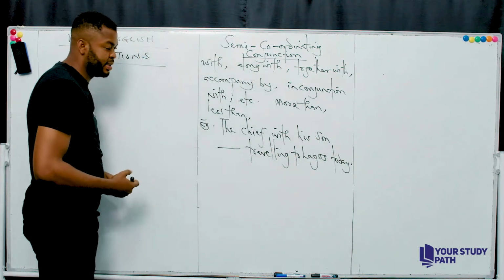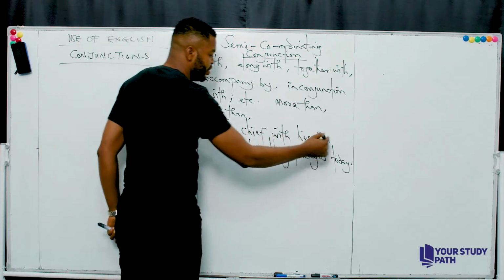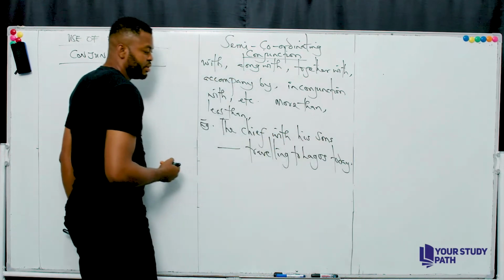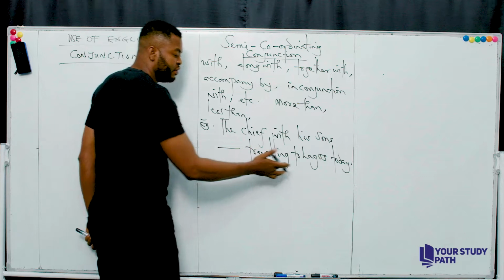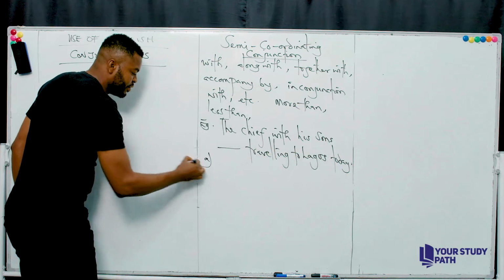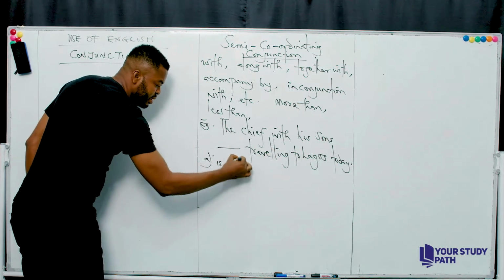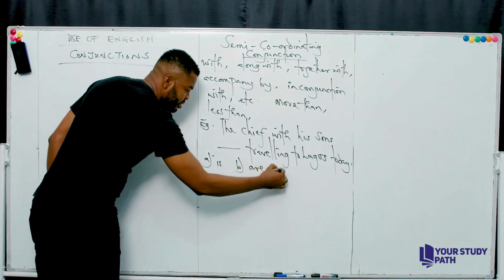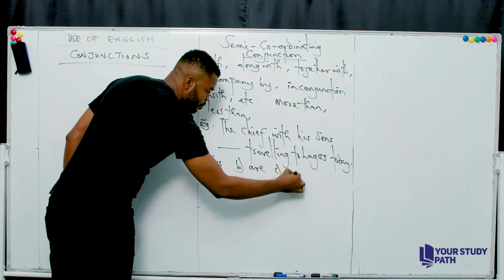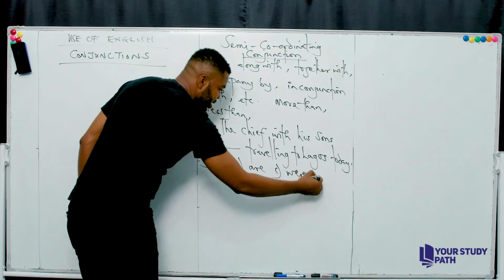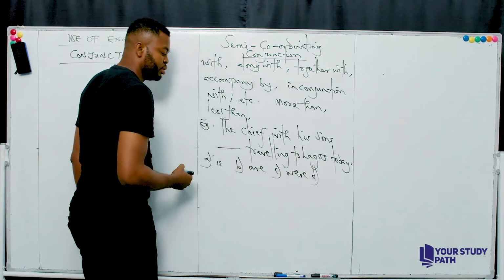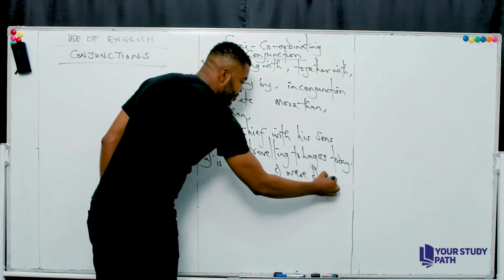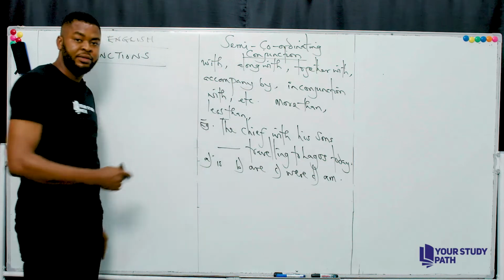Look at a sentence like this. The chief with his sons, okay, dash traveling to Lagos today. Look at the first option, you have is. Look at the second option, you have are. Look at the third option, you have where. Look at the fourth option, okay? You have am. Can you see that now?